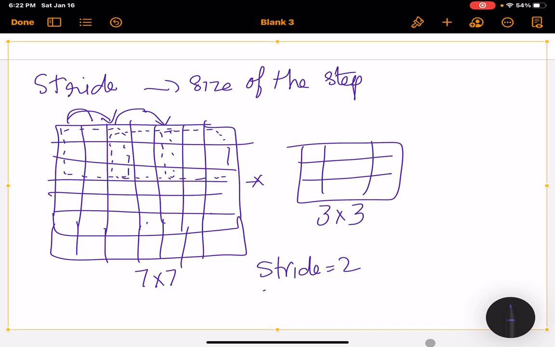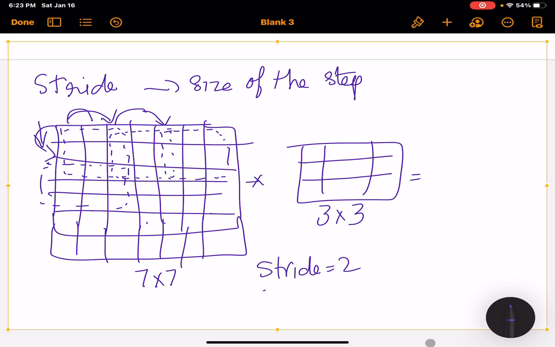And similarly, when you consider the downward motion, my next stride would be from here to here, because I have now jumped 2 positions.